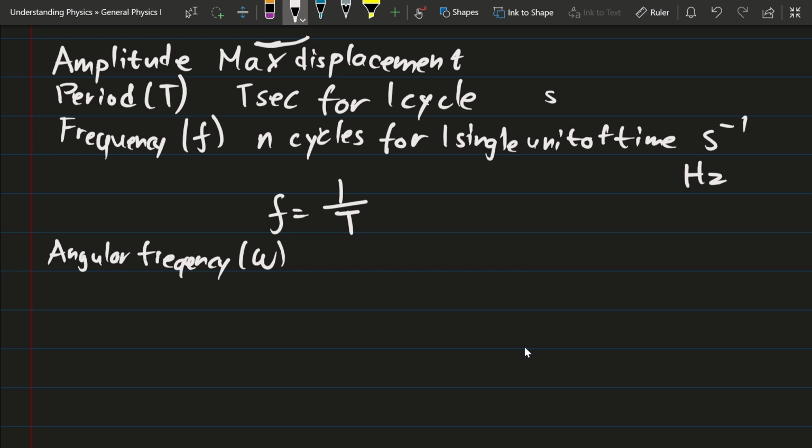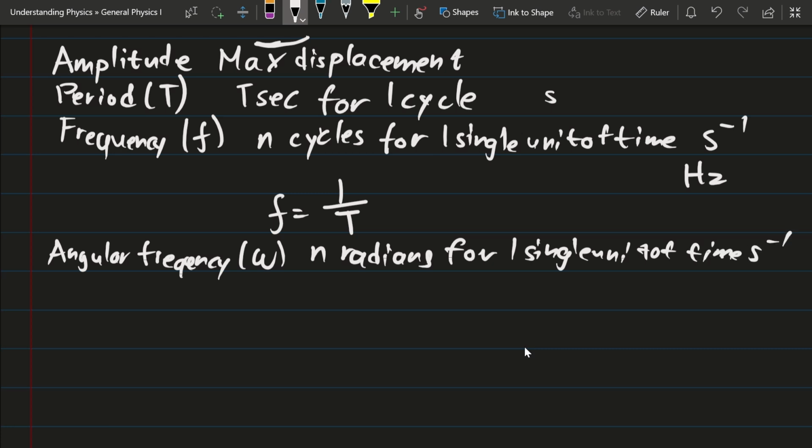Why is this the case? Well, we will later see the relation of this. But for now, I want you to accept that the angular frequency is the amount of radians for one single unit of time. And the units are the same, it is second inverse. But people don't normally use hertz for the angular frequency.